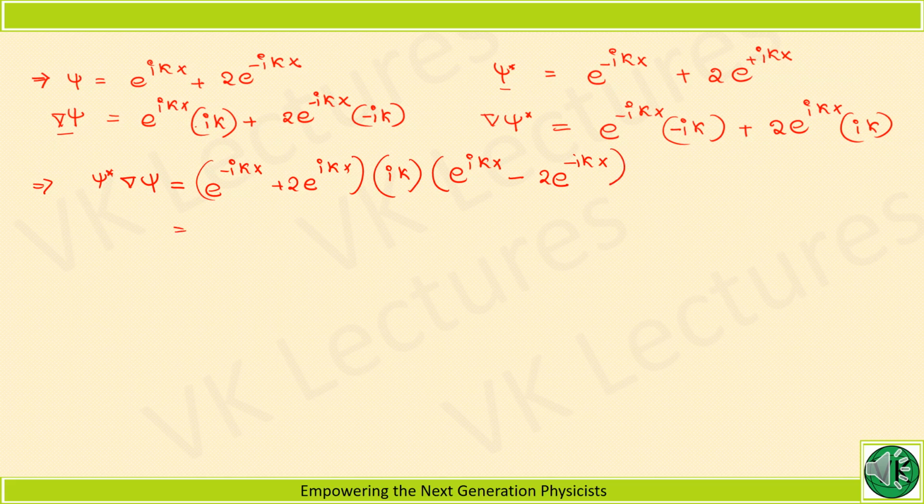That will be equal to ik into e to the power minus ikx times e to the power ikx, that is 1, plus e to the power minus ikx times minus 2 e to the power minus ikx, that is minus 2 e to the power minus 2ikx, then plus 2 e to the power 2ikx, and 2 e to the power ikx times minus 2 e to the power minus ikx, that is minus 4.